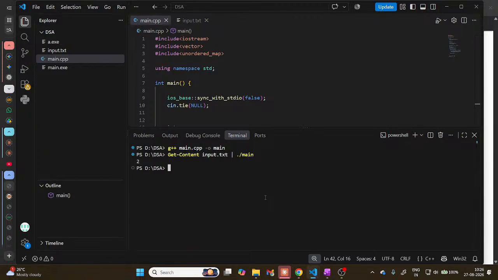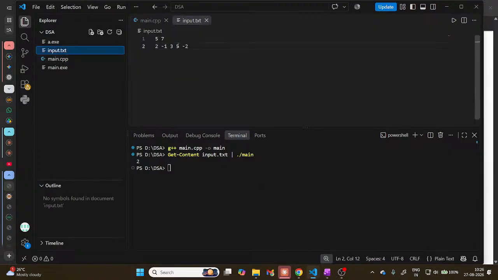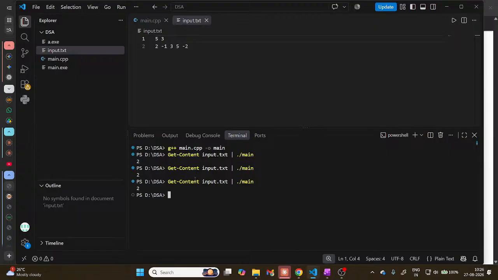Here, the answer is 2, right? It's giving answer 2 correctly, and if I change the input to 5 and go again, the answer is again 2. If I go with 3, what should the answer be? Again 2.